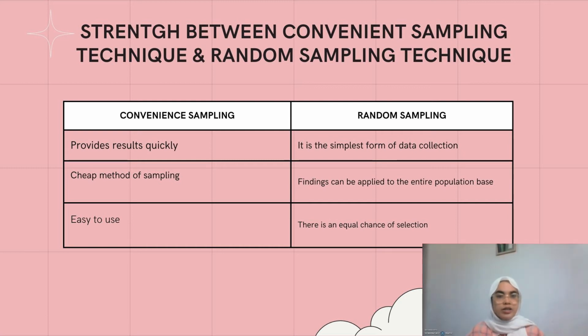The first strength of the random sampling technique is that it is the simplest form of data collection. This type of research involves basic observation and recording skills. It requires no special skills out of the population base or the items being researched.